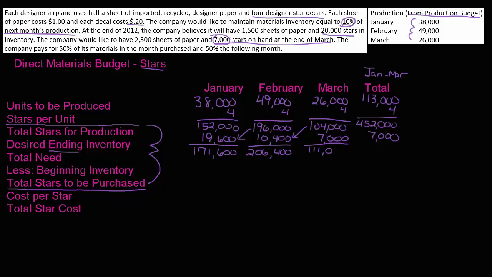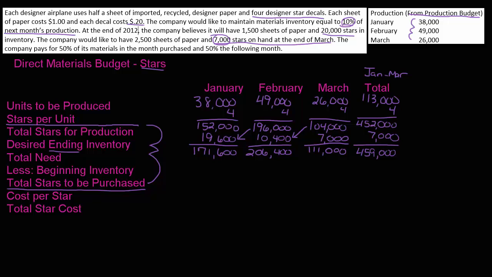So I've got 111,000 for March. And then for my total column, 459,000. So remember, always add total stars for production plus your desired ending inventory.